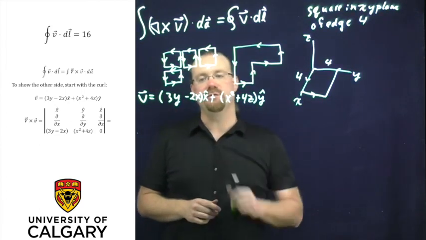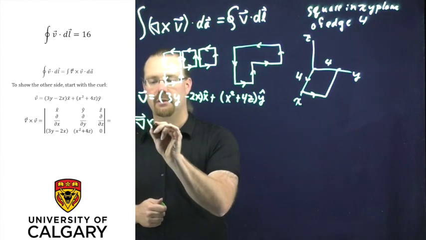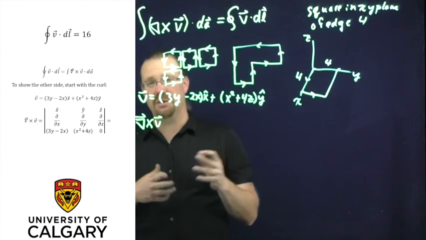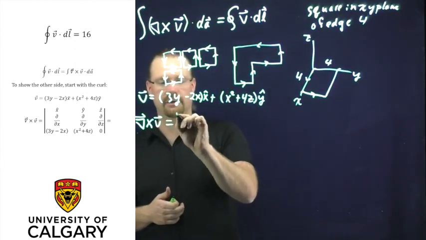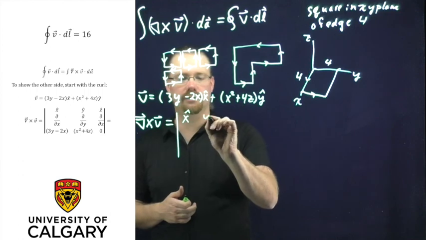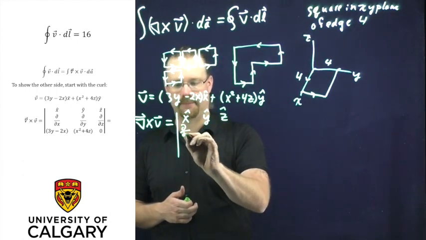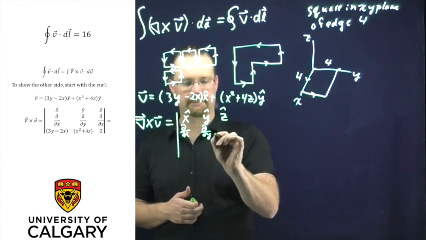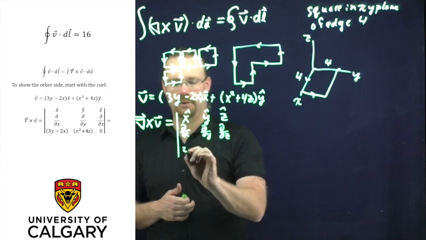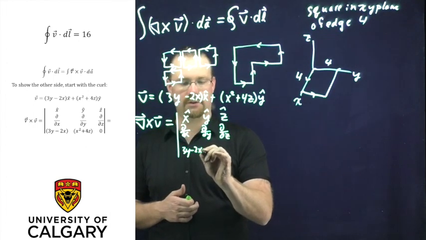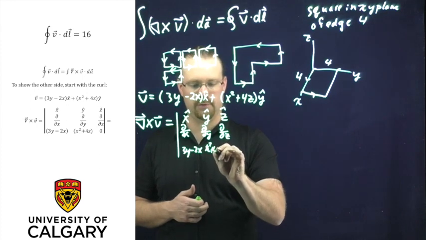So we start once again with v, but this time we're going to calculate the curl of v. Now, of course, you can do this with Levi-Civita notation and so forth, but I find it easiest to calculate the curl as the determinant of a matrix if I'm doing it in Cartesian. So here we have the x component, 3y minus 2x. Here we have the y component, x squared plus 4z.